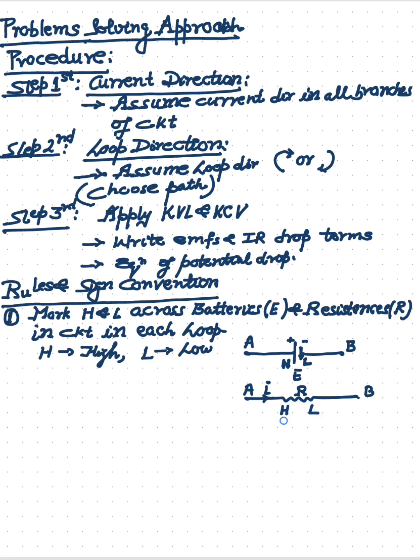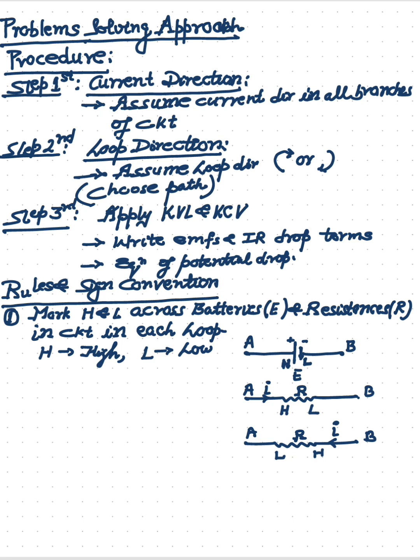Similarly, if the current flows from B to A, then B is high and A is low. Clear? This is the first rule.